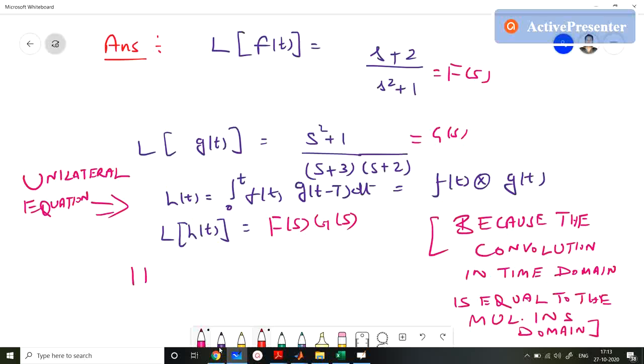So the Laplace transform of h(t) is H(s), and H(s) is equal to F(s) multiplied by G(s).